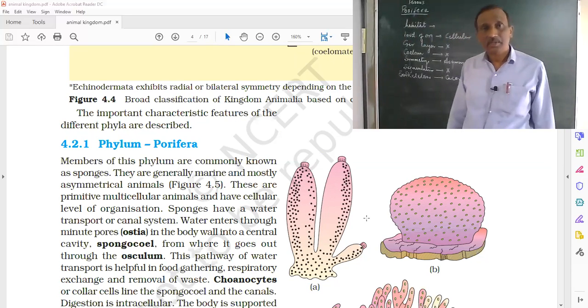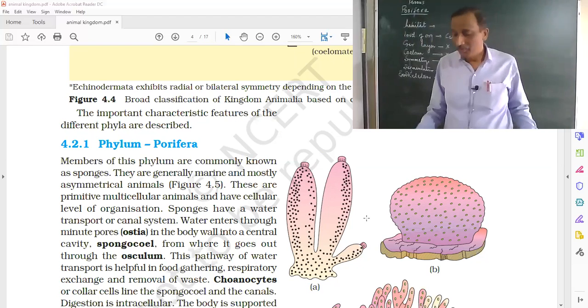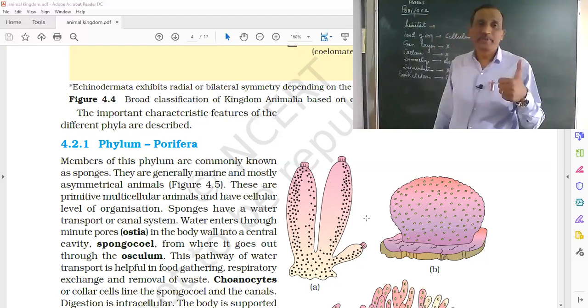So that's all. Now because the body is made up of only cells, you cannot expect any kind of organ system or organs in them. Tissues are not even formed, organs are far away.